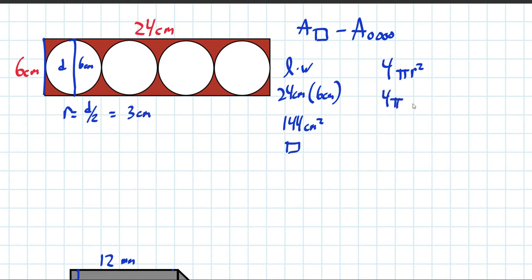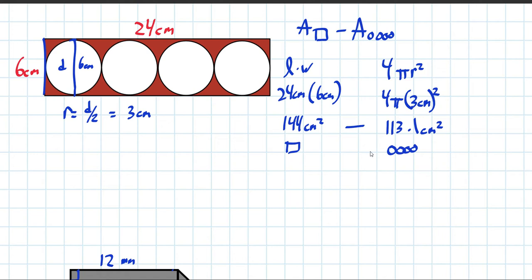So 4 times pi times the radius of 3 centimeters squared. Take 3 and square it, that's 9, multiply by pi, and multiply by 4, because there's 4 circles. We find that the area of the circles is 113.1 square centimeters. So that's the area of those 4 circles.